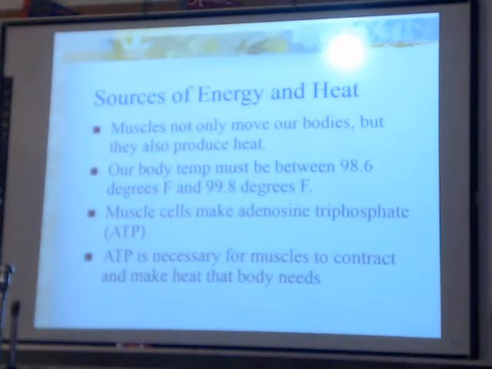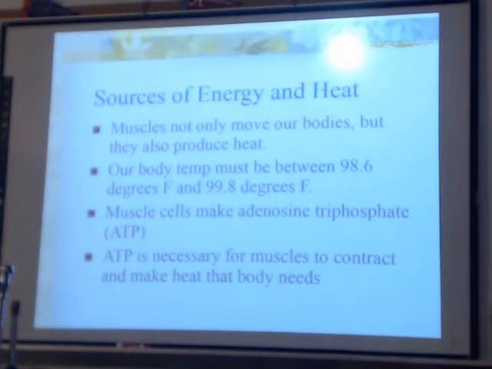I want you to remember that muscles make ATP, adenosine triphosphate. You should have learned some of that in biology already this year. Muscle cells make adenosine triphosphate, or ATP. ATP is necessary for muscles to contract.